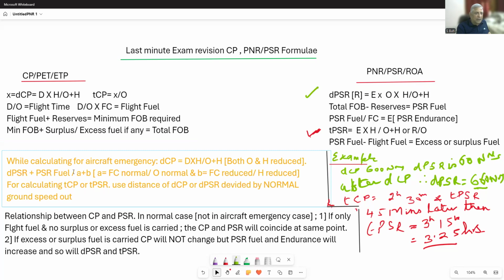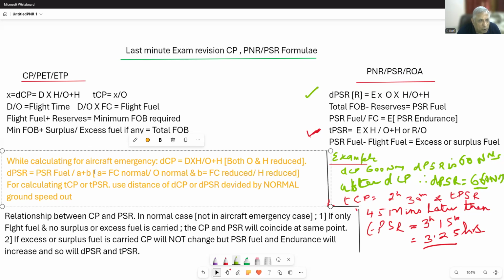For PNR, we apply a different formula or equation. The PSR fuel, dPSR, is equal to PSR fuel divided by A plus B. A is fuel consumption per nautical mile outbound, that is fuel consumption normal by O normal.